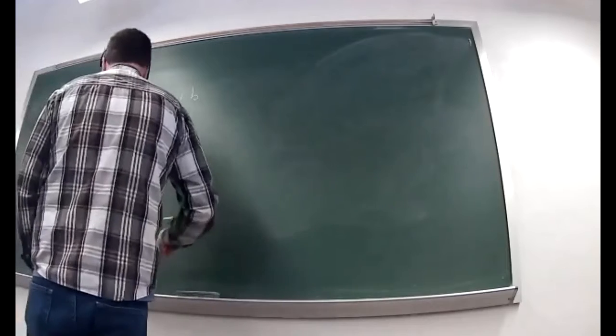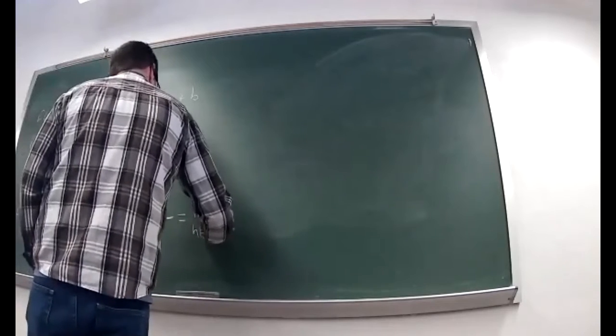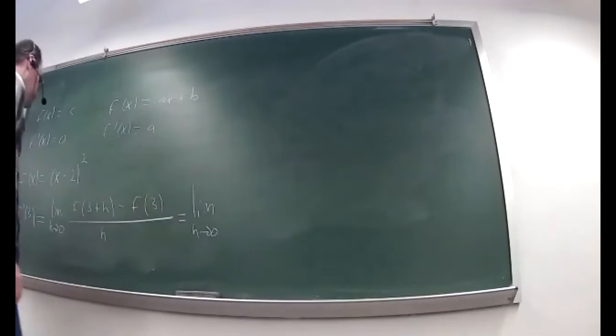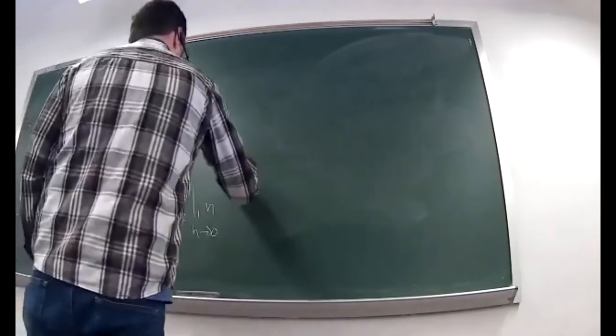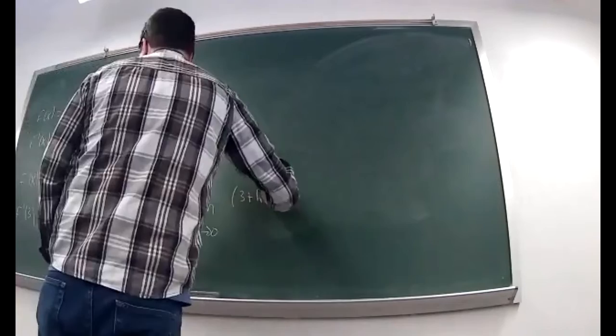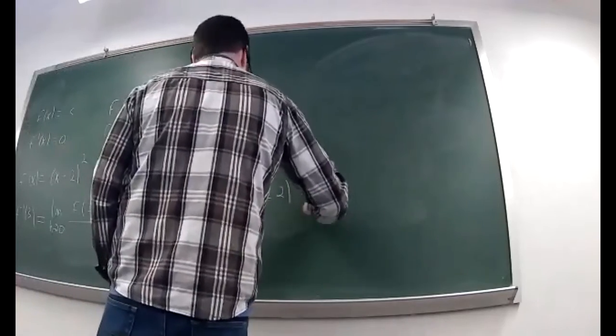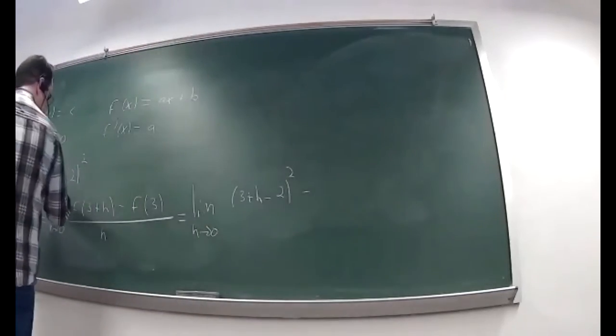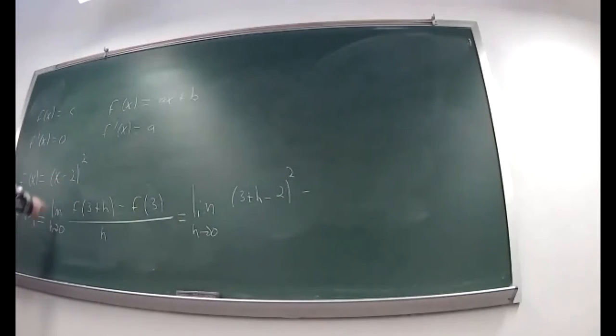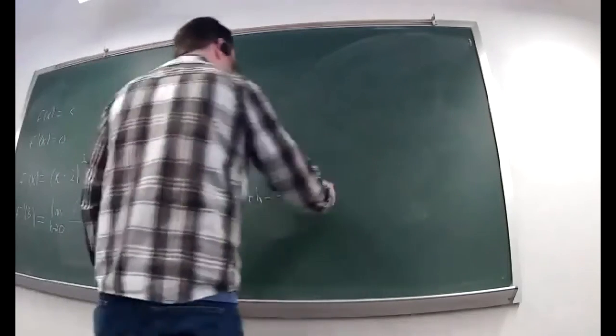So let's go for it. Let's compute the limit as h goes to 0. And I have to plug in 3 plus h for x. So I'm getting (3 plus h minus 2) squared minus f of 3. So that's (3 minus 2) squared. That's 1 squared. That's equal to 1.